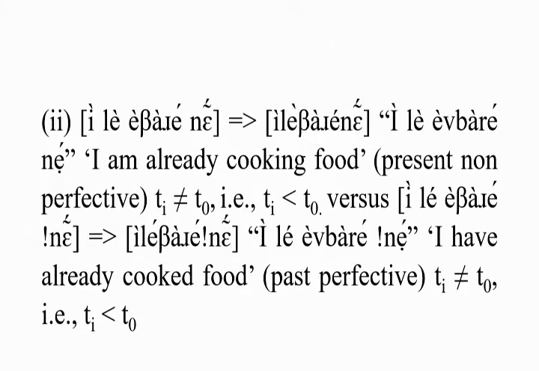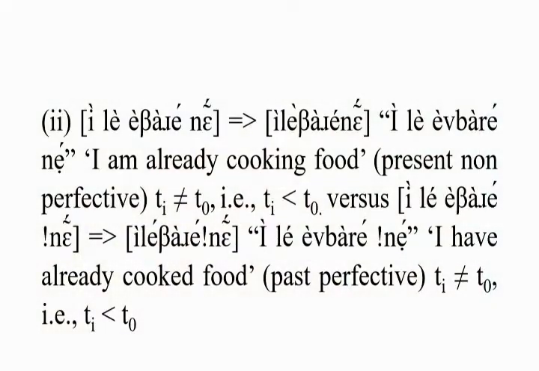That is present non-perfective. As opposed to ile iraene. That is, I have already cooked. That is, past perfective. So you have the contrast between the two.